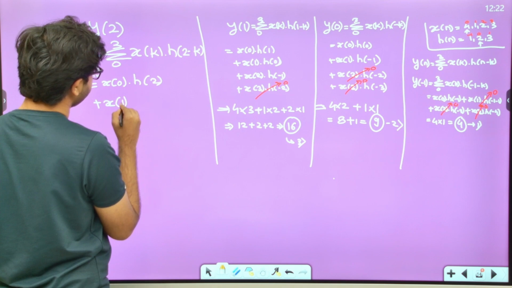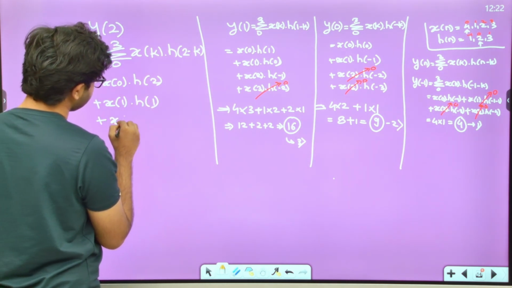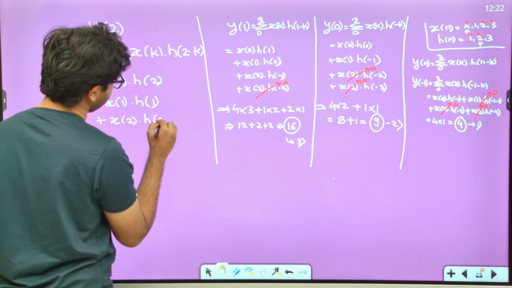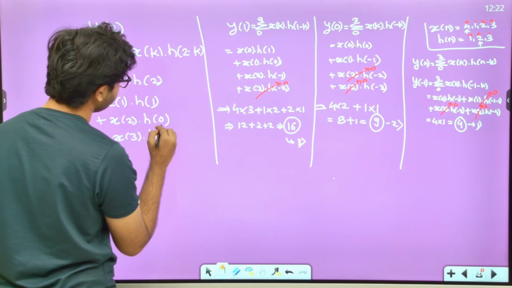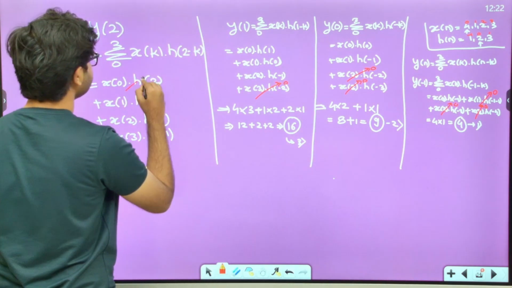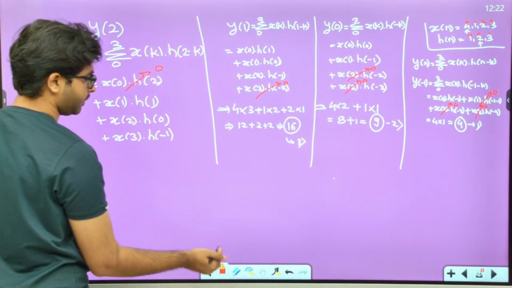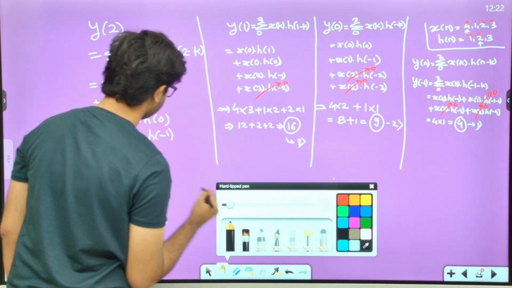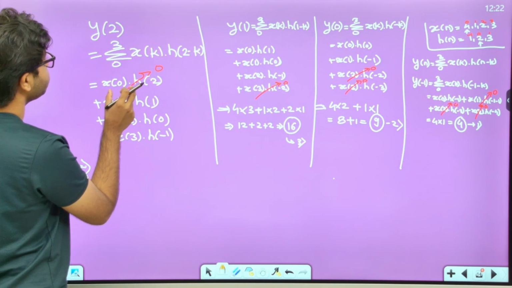So x of 1, h of 1 plus x of 2, h of 0 plus x of 3, h of minus 1. So by decoding, this will be gone because 2 is not existing, and another part exists, so we will calculate it. What will it be?